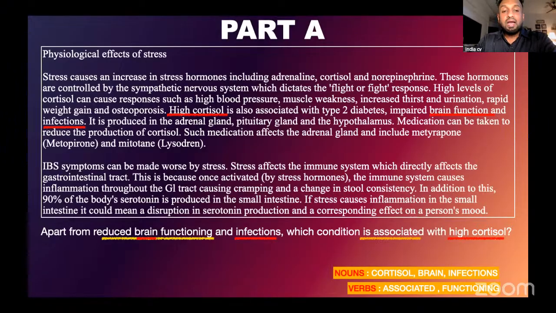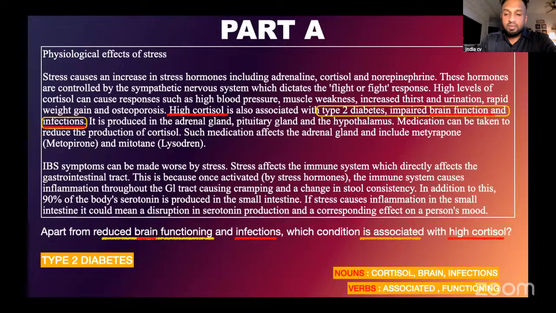My question is, apart from brain function and infection, which is my third condition? I got it. My third condition is type 2 diabetes, because it clearly gives me three conditions. I just had to find my third condition. So the correct answer over here was type 2 diabetes. I hope everyone attending is able to follow your understanding.